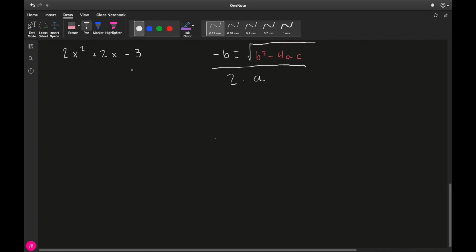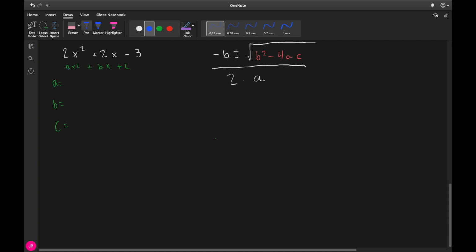Now, what we're going to do is we're going to have to go ahead and find out, okay, what is my A? What is my B? What is my C? And we get that from, once again, ax squared plus bx plus c. This is, again, the standard form of a quadratic equation.